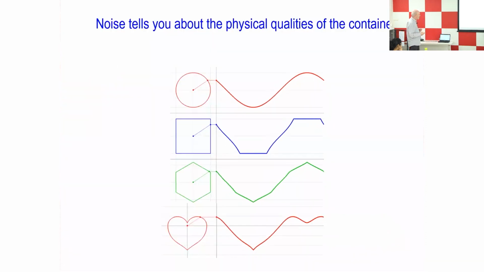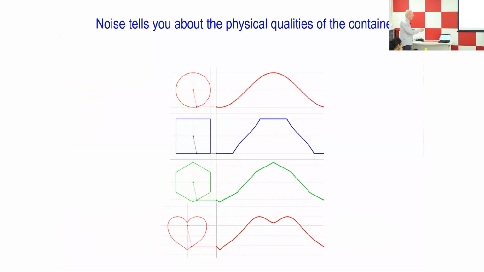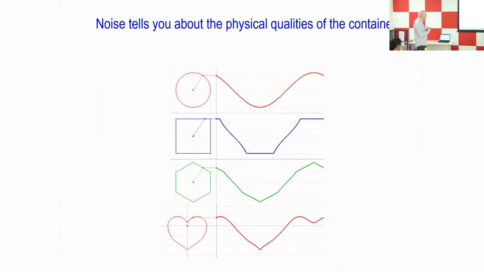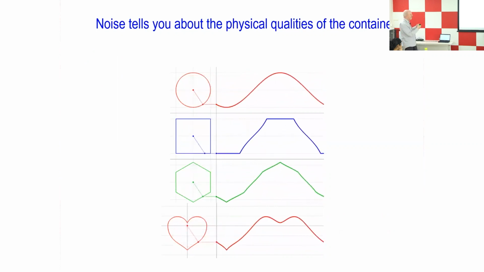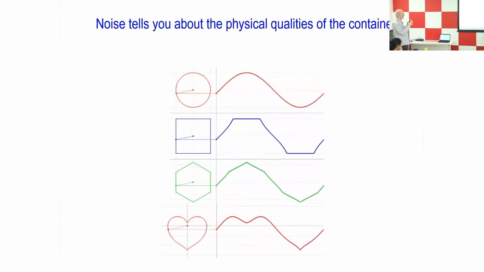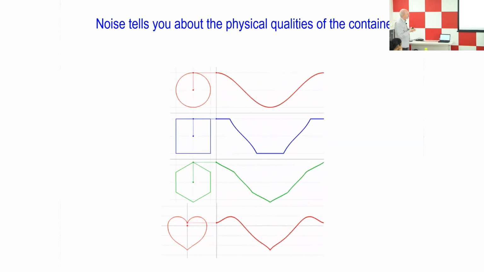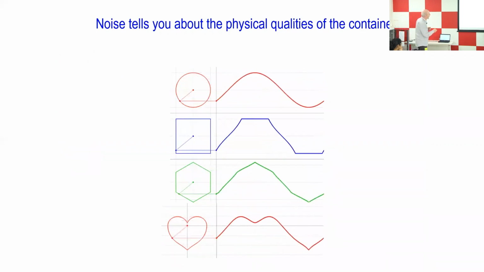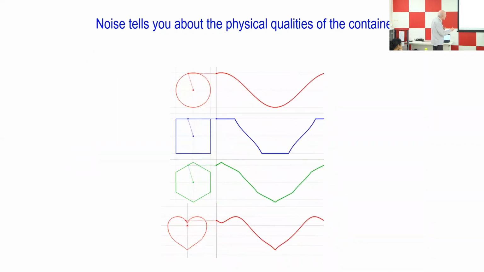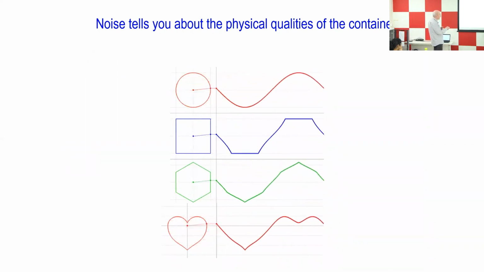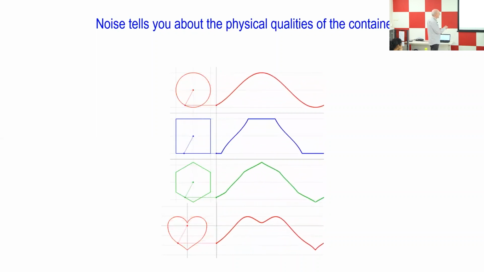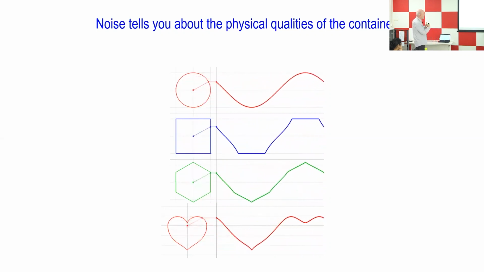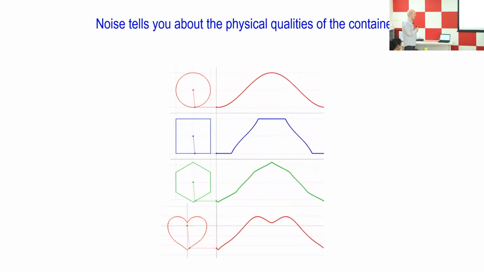So in other words, what we see as noise, in fact, reflects the physical qualities of the container, the physical surroundings of where the promoter and the transcription factor are, in such a way that if we were able to decode this noise, we could know something about the shape and the physical characteristics of the location in the cell where this gene expression event is happening, okay?